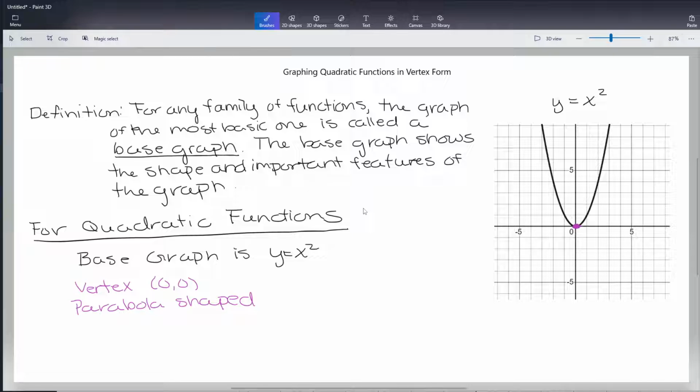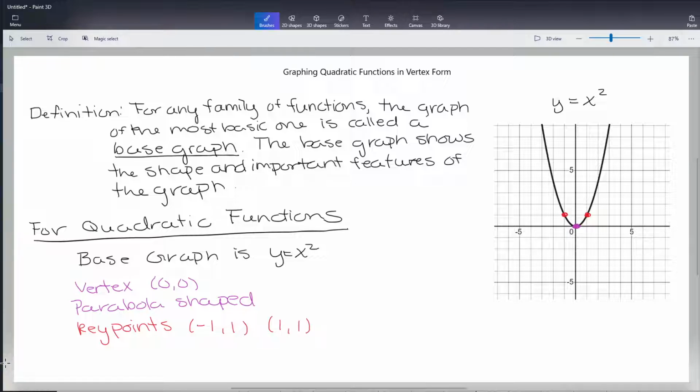And then we also have two other points that are very important for us. So we're going to look at this point here and this point here. Now these are called the key points, and they are -1, 1 and +1, 1.